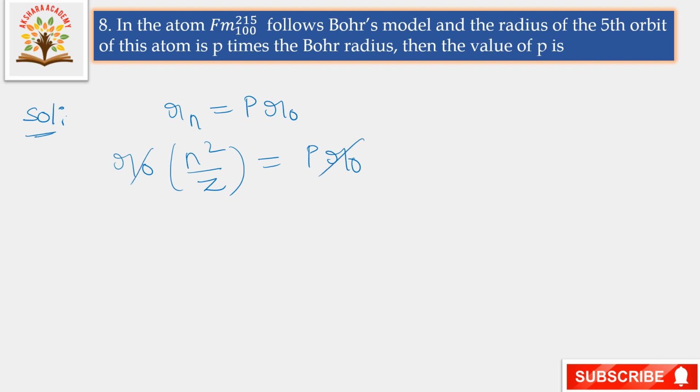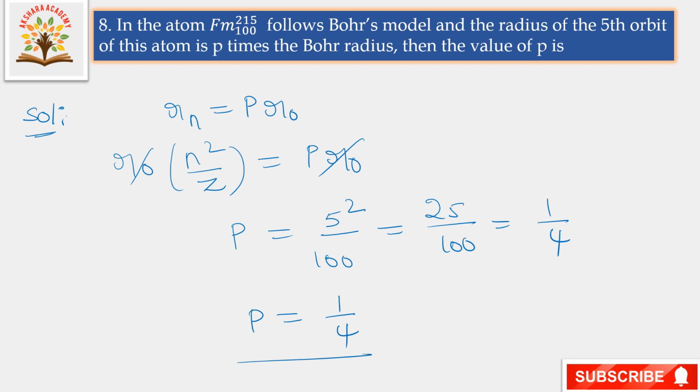R naught cancels. p is equal to n square by z, where n is 5 since they given the fifth orbit, and z is 100. So that is 25 by 100, equal to 1 by 4. So the value of p is 1 by 4.